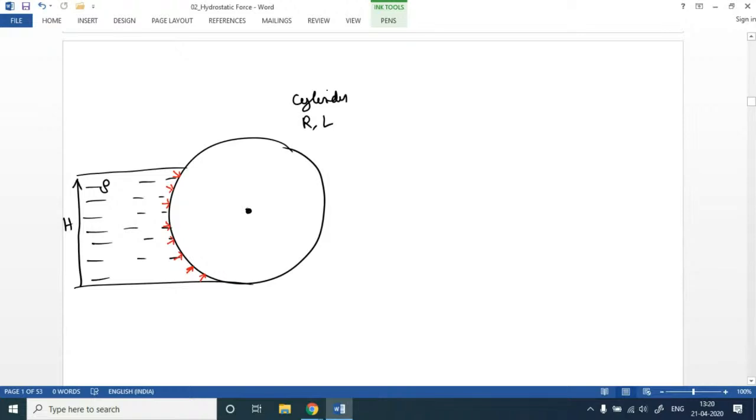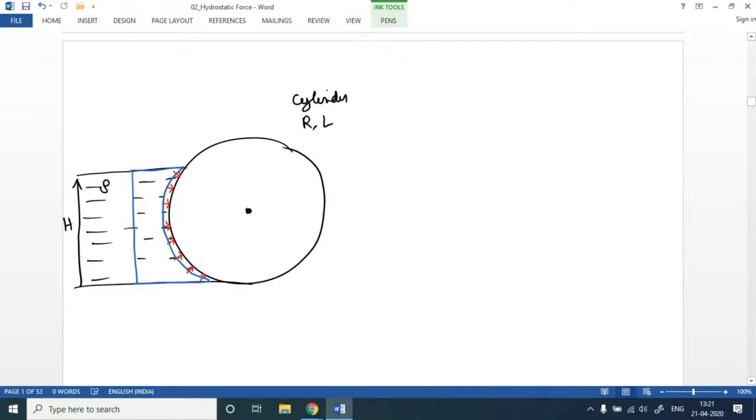So some people might be thinking we need to integrate. No, we do not need to integrate. We just need to do the force balance like we always have been doing. So now let's consider an element of liquid like this, which is immediately in contact with this cylinder. So this is the liquid.